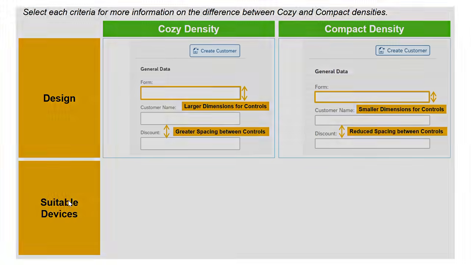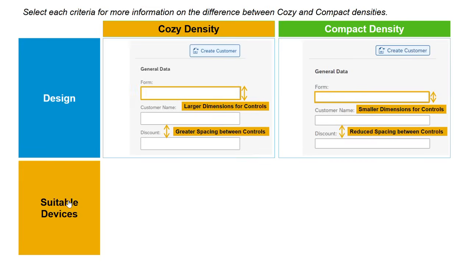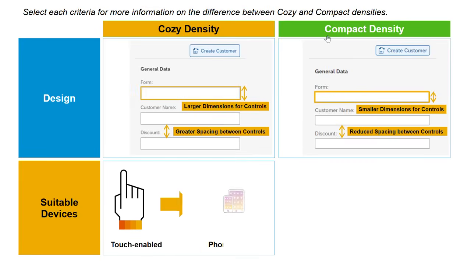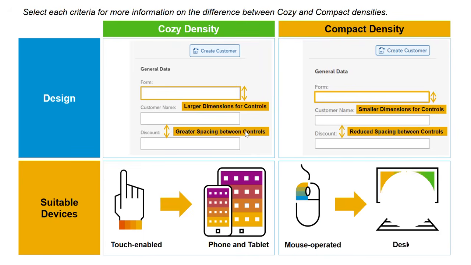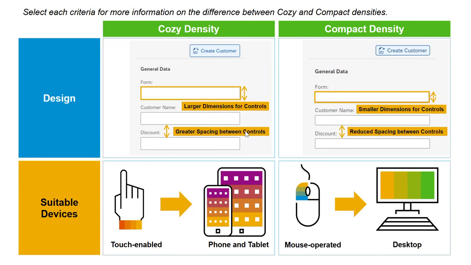Based on your suitable devices, cozy supports our touch panel and is more suitable for phones, tabs and so on, while the compact density is more suitable for mouse-operated devices such as desktops. So that's how the difference will be. If you see here, the dimensions will be larger. When we use the compact density, the dimensions are very small and it also reduces the space based on your device. How to use this in our real-time application, I will show you now.